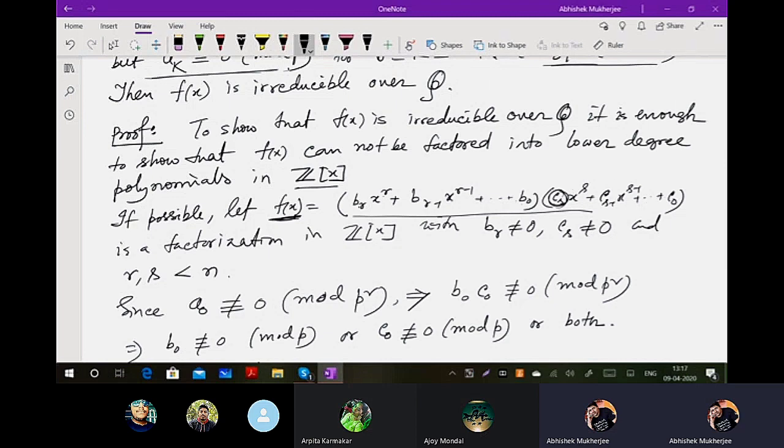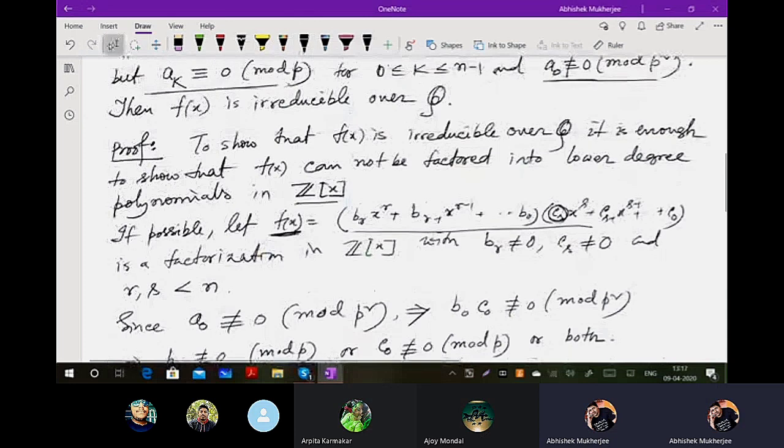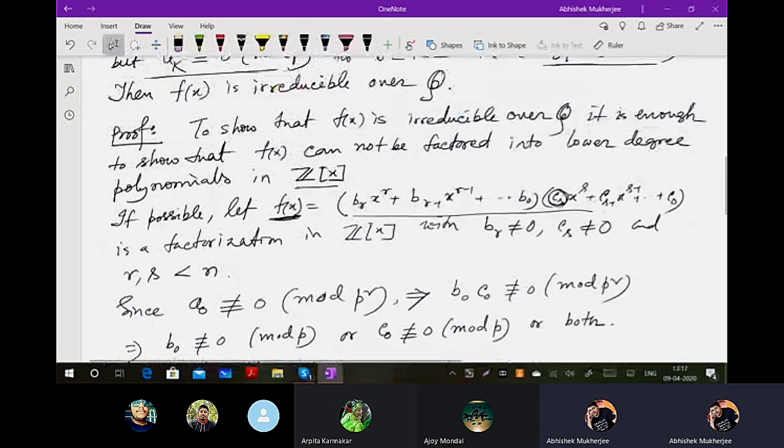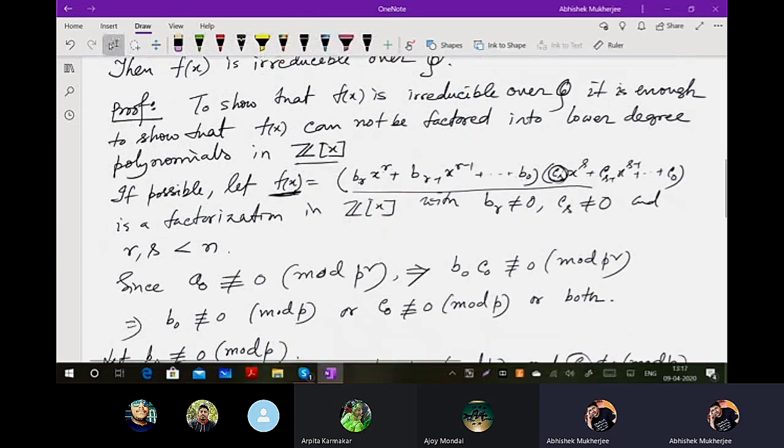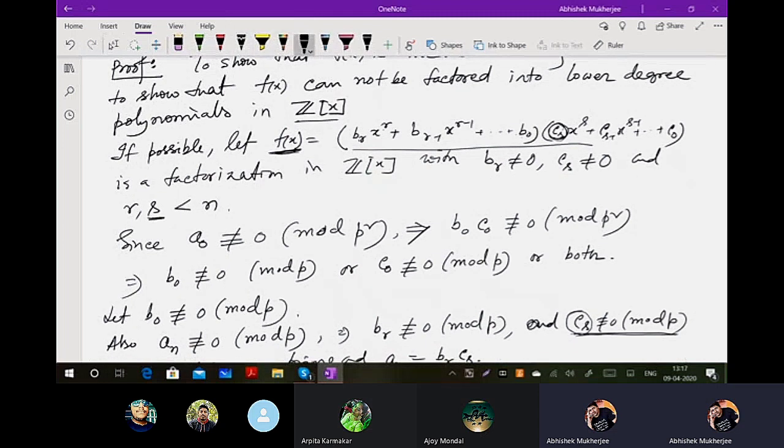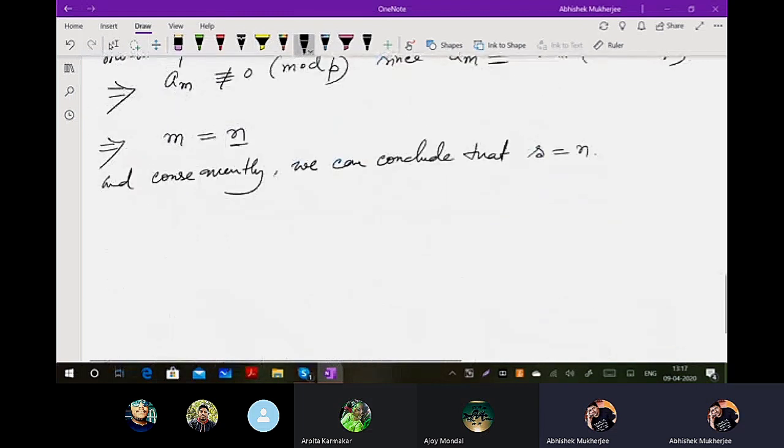And if it is n, then this will contradict the assumption that the degree of the polynomial cs x to the power s plus dot dot dot c0 is strictly less than n. So this contradicts our assumption.